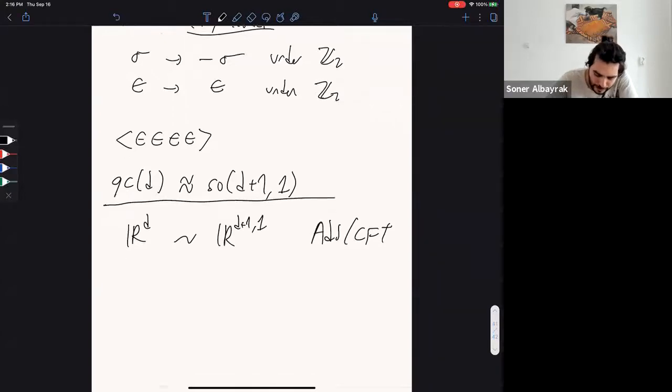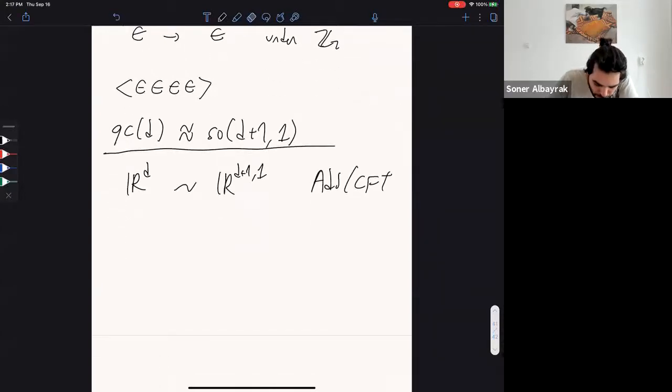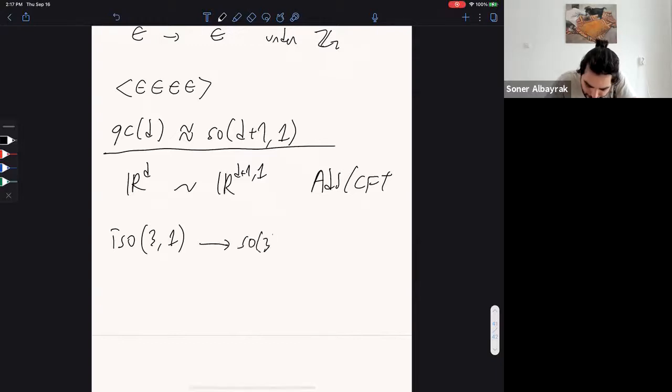Anyhow, you know the Poincare group, the inhomogeneous SO group, for example SO(3,1). By the way, I'm taking a few more minutes because I started late, just two more minutes. This is the Poincare group. Then the stabilizer subgroup for massive particles is SO(3).